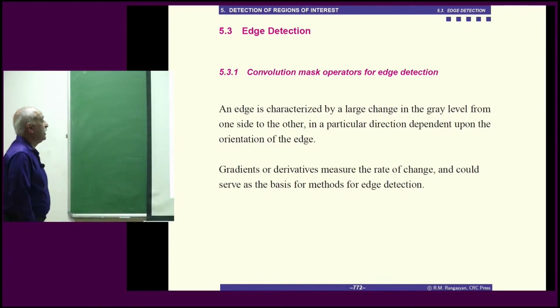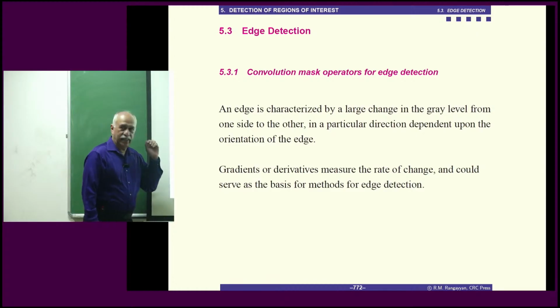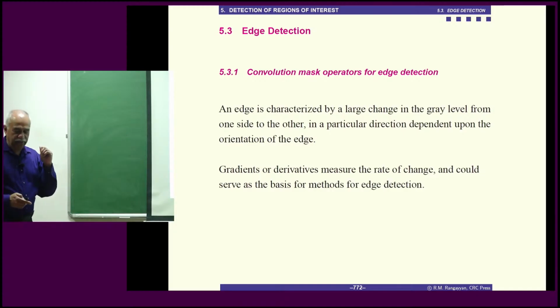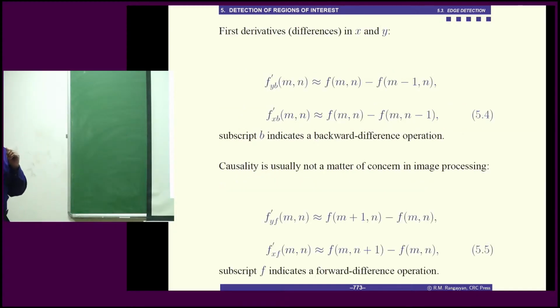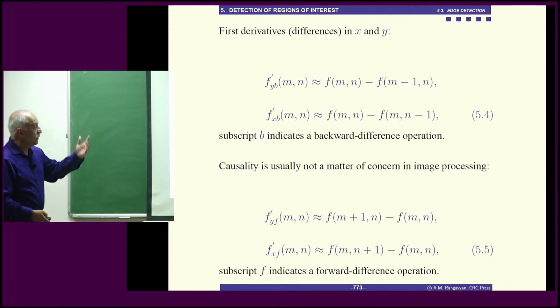So gradients or derivative measures of the gradients or derivatives give you a measure of the rate of change, and they form the basis for edge detection. In 2 dimensions, gradients will have direction. So you can take the derivative in the y direction or x direction, and you may look forward or backward, or to the left or right, or this is right, left, top, bottom. So how do you want to define that?